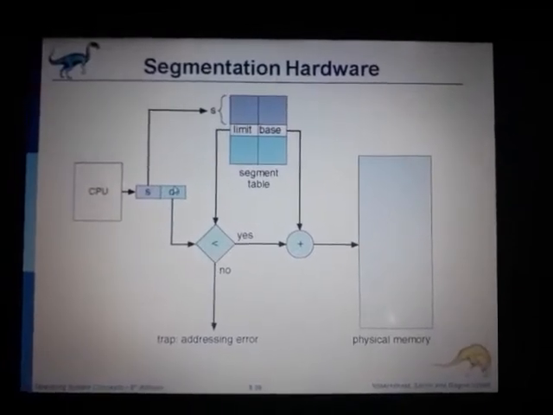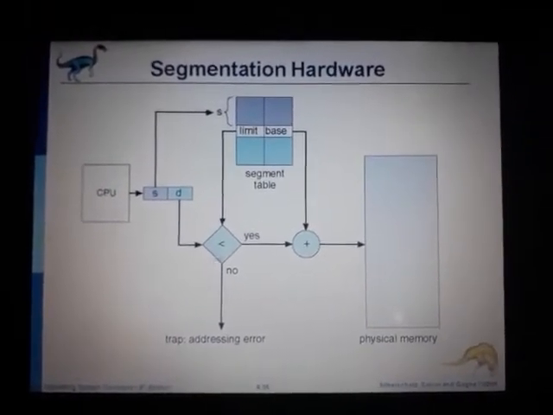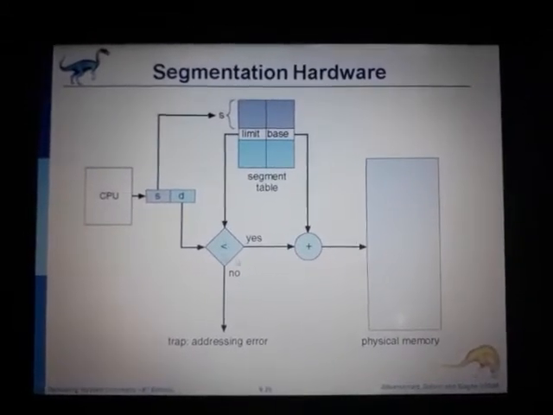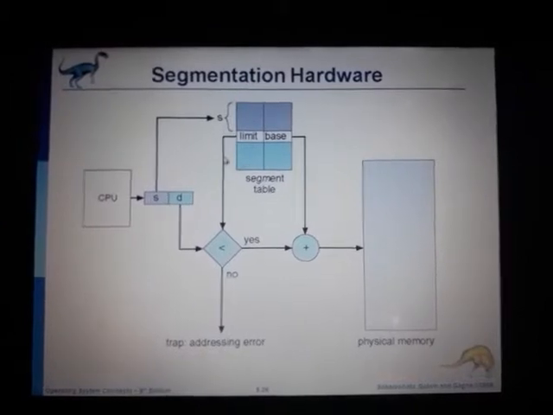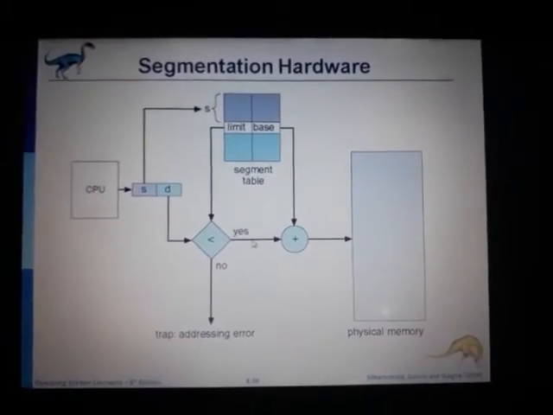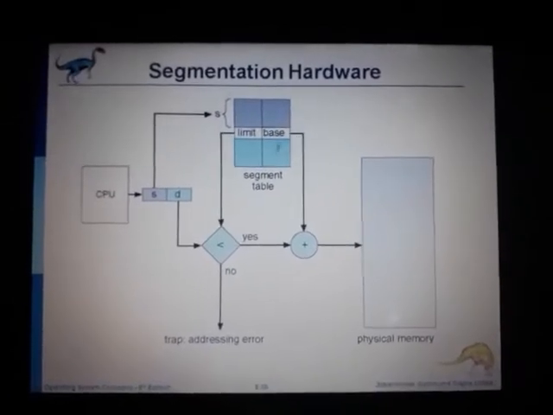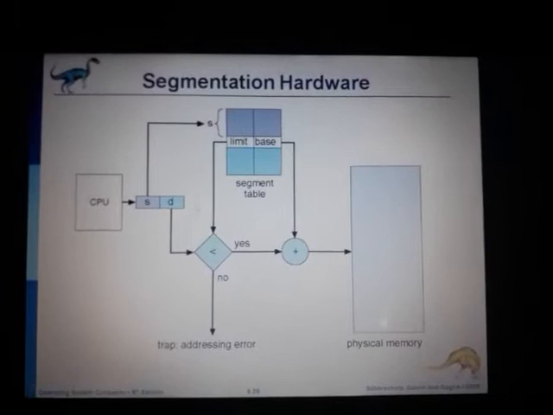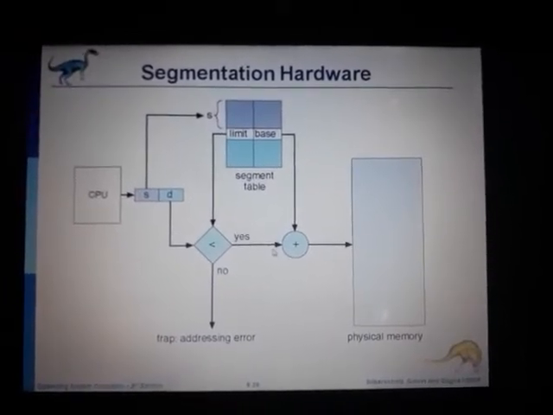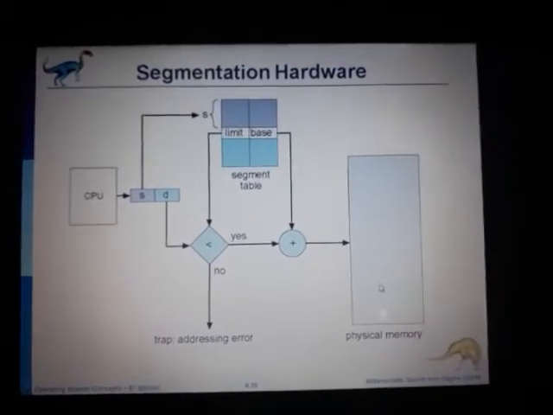When the CPU gives the offset and this condition is checked along with the segment table, two possibilities arise. If it is yes, then the segment table's base contents and the offset are added together and sent to the physical memory.